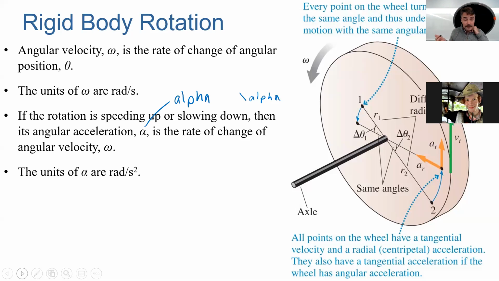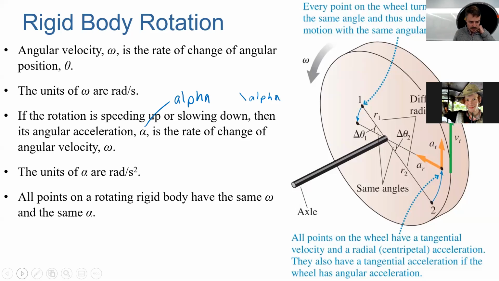The units of alpha are radians per second squared. So I guess alpha is to omega as a is to v. It's the rate of change of omega. So all points on a rigid body are going to have the same omega and also the same alpha.